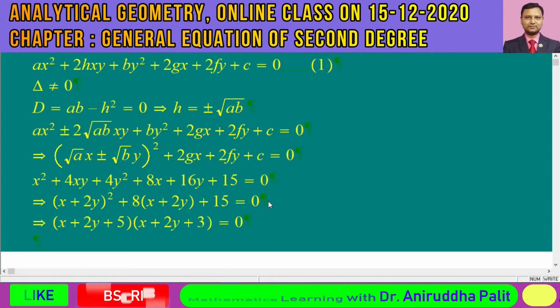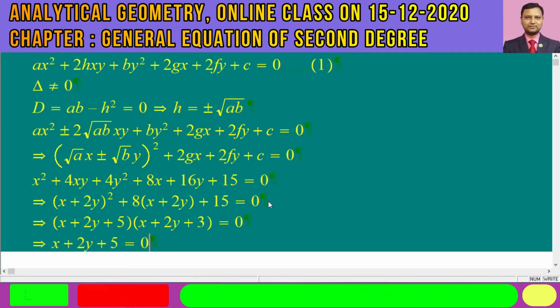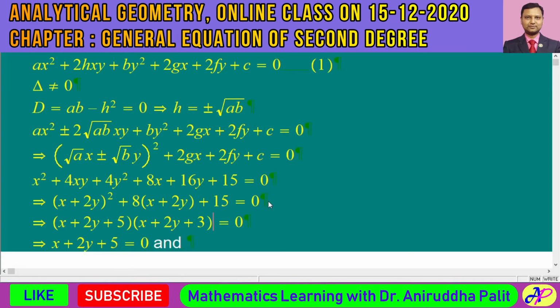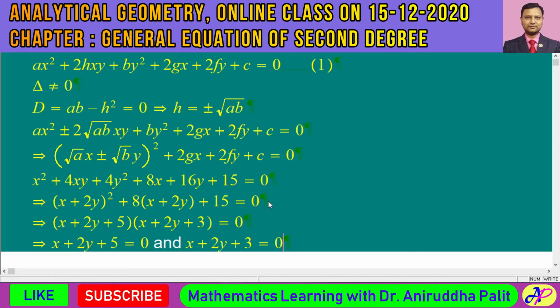And in that case we will get this factor equal to 0, and this second factor equal to 0. So ultimately we will get a pair of parallel straight lines.